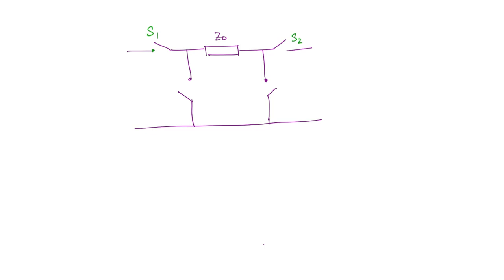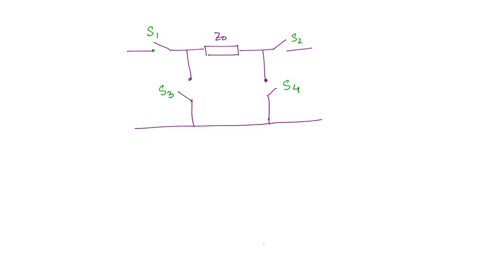These are the series switches, and here you have switch S3, and this we will take as S4. Now S1 and S3 pertain to the primary side, while S2 and S4 pertain to the secondary side.